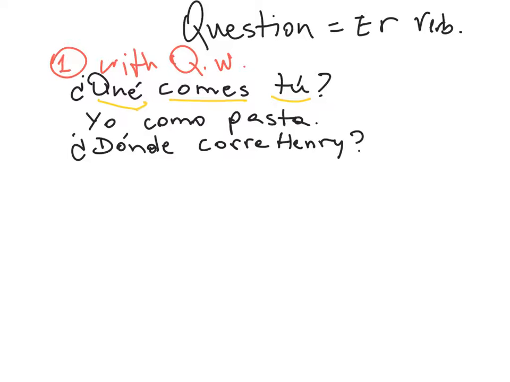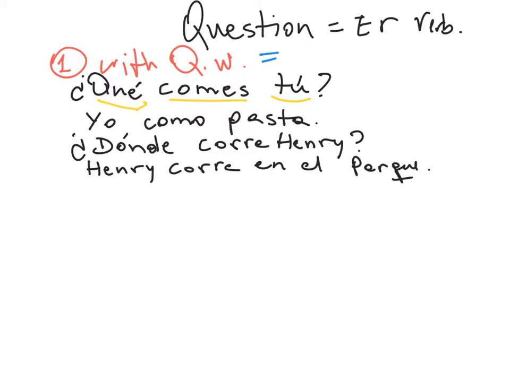So now the answer could be, Henry corre en el parque. En el parque. So I just want to bring here, you remember, guys, I like the formula. I told you many times that Spanish is kind of like math when you use a formula, when you are having a structure of the sentence.